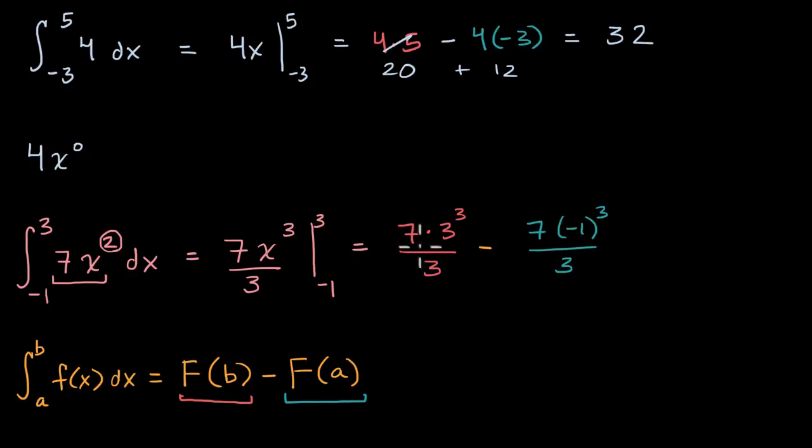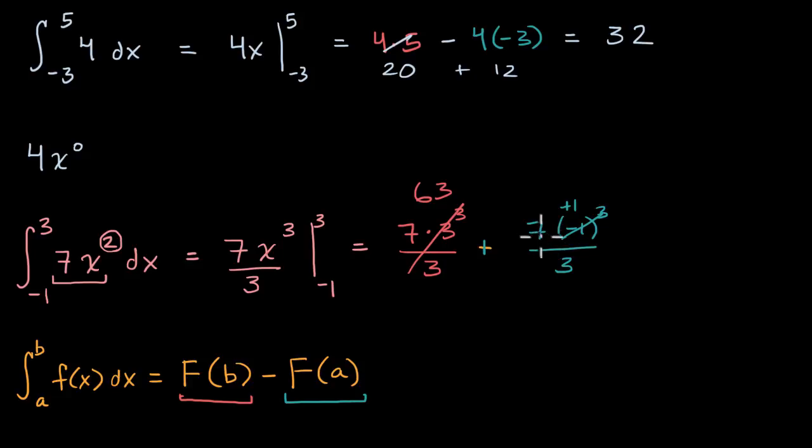And so this first expression is going to be 7 times 3 to the third over 3. This is 27 over 3. This is going to be the same thing as 7 times 9. So this is going to be 63. And this over here, -1 to the third power is -1. But then we're subtracting a negative, so this is just going to be adding.